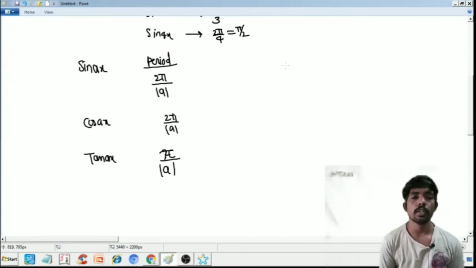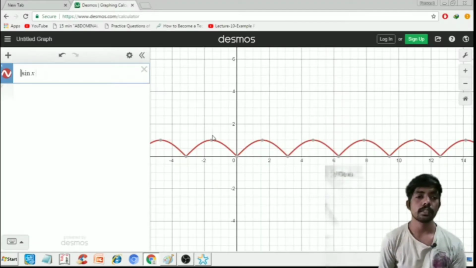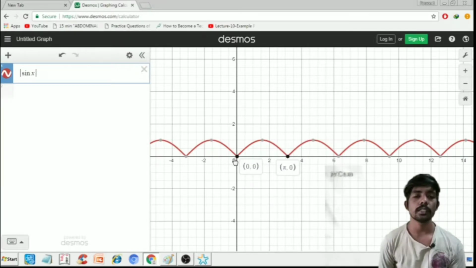Next, what is the period of modulus sin x? The period of mod sin x is pi, because after completing pi it repeats once again up to 2 pi.